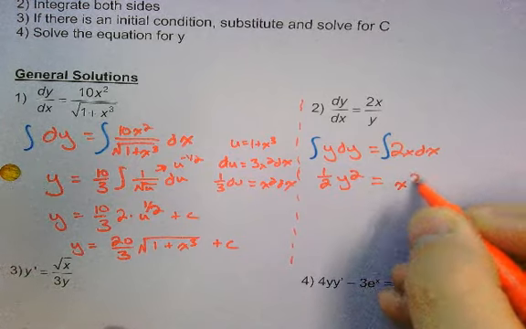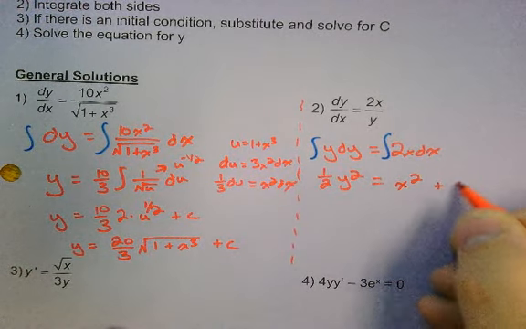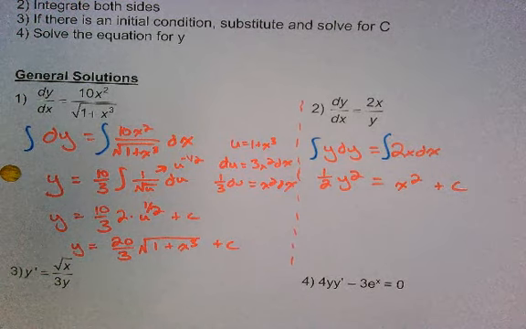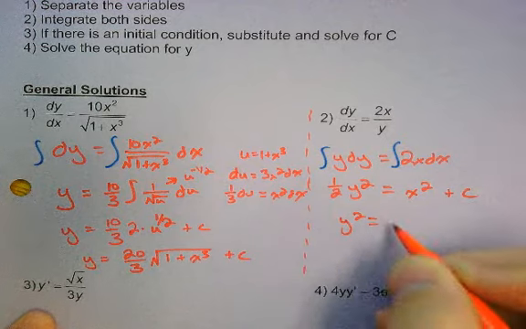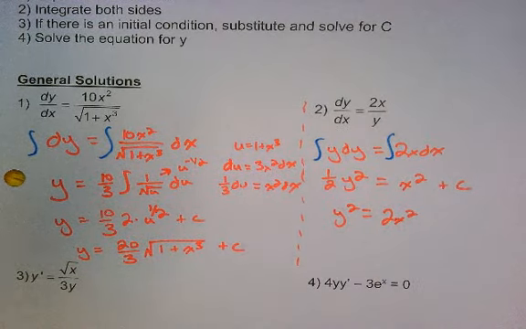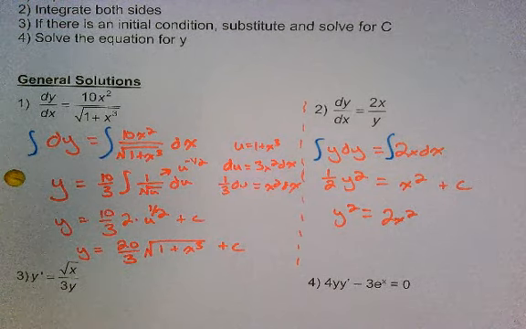X squared plus c. Let's get y by itself. So how do you get y by itself? Multiply everything by 2. So we get y squared equals 2x squared. Do I really need to write 2 plus 2c? I mean, no. The c absorbs all numbers.